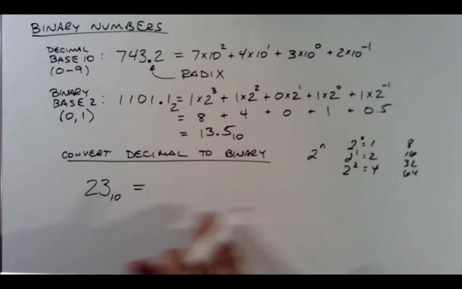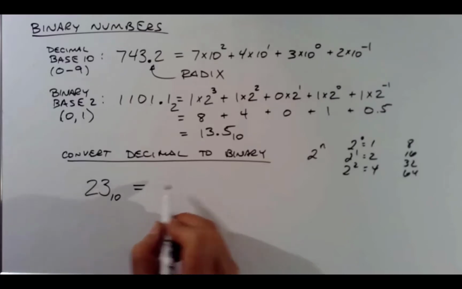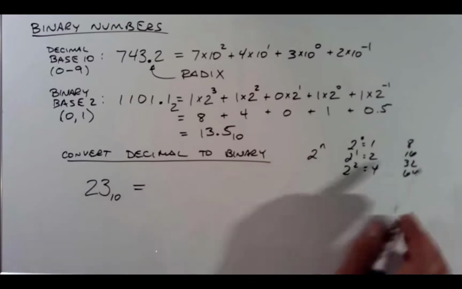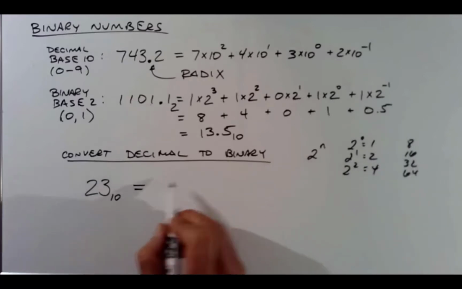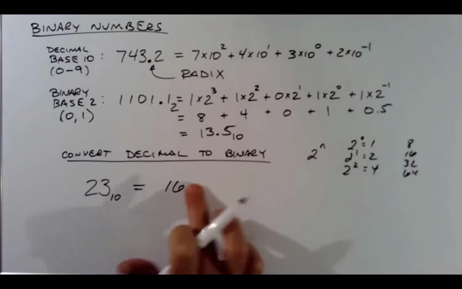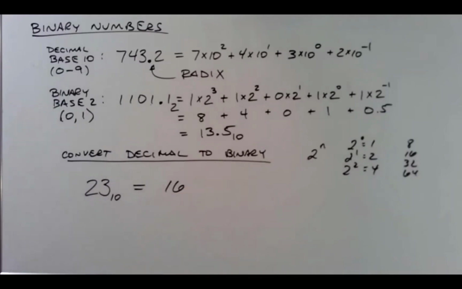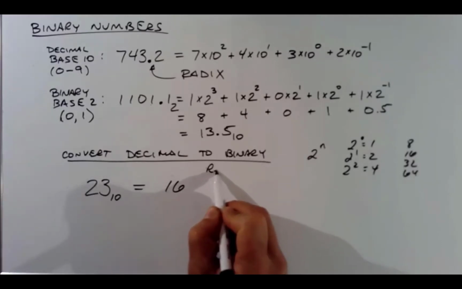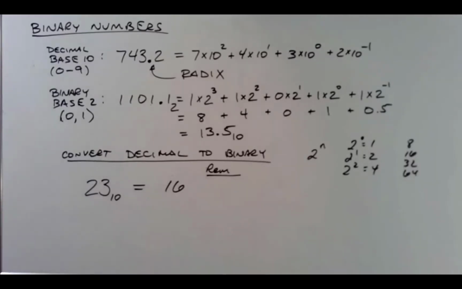What you do is take the biggest power of 2 that will fit into 23. 16 will fit in, 32 won't. So it's actually 16 plus something. I have to add other values that are powers of 2, and I denote a remainder after I've taken up 16 of the 23.